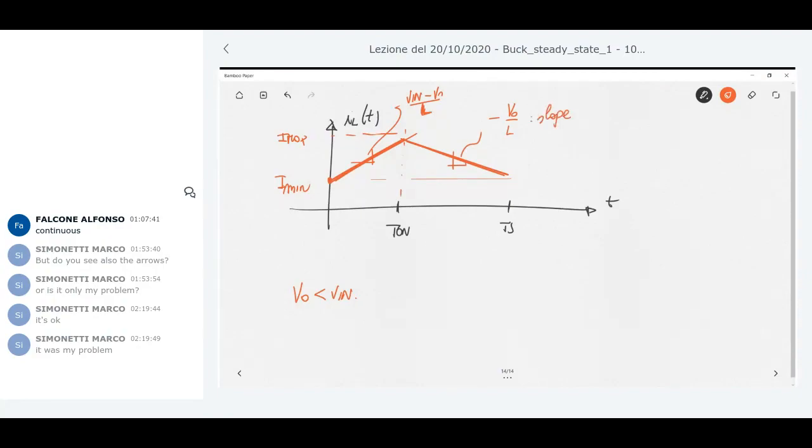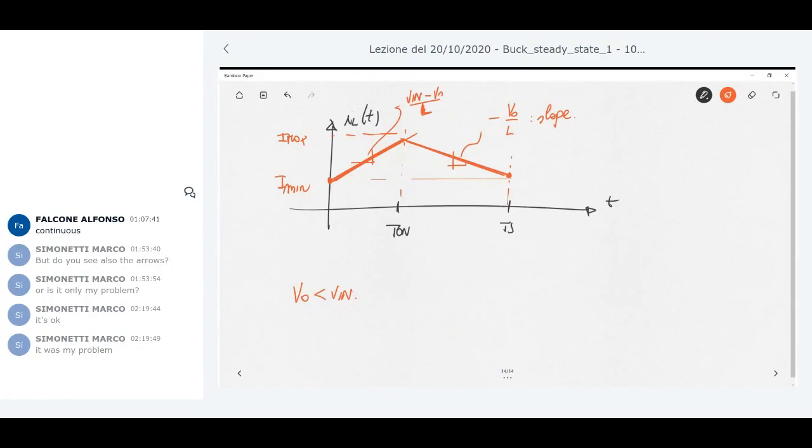Okay, with the same reasoning as before, what happens to the current? The current at the end of the cycle must go to a minimum value. Why? Because we are talking about steady state, or better the cyclostationary situation, in which no transients are considered. Look at what happens if I consider the situation in which the current at the end of the cycle is not exactly the same.